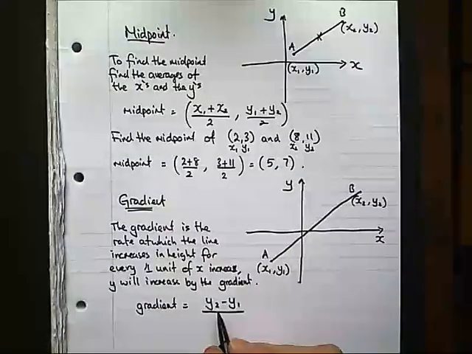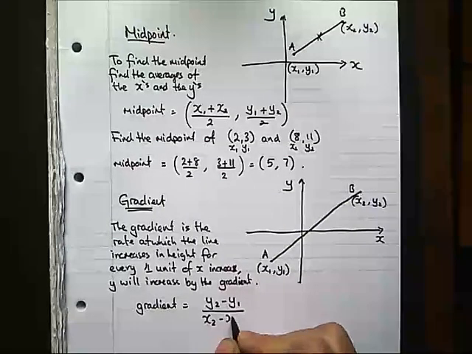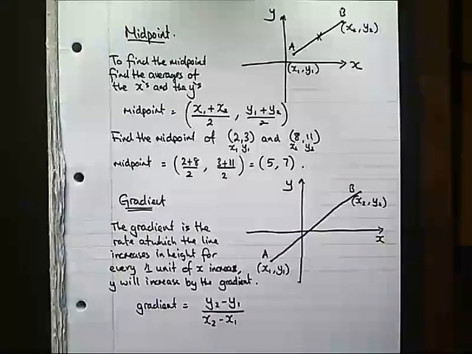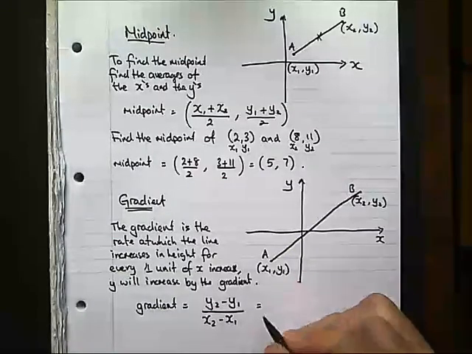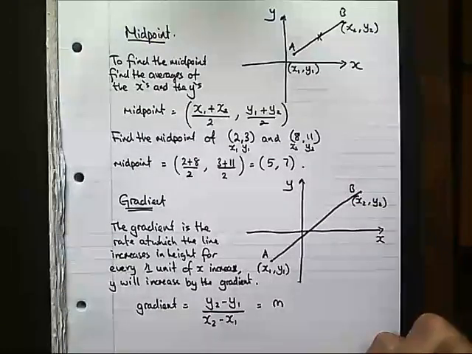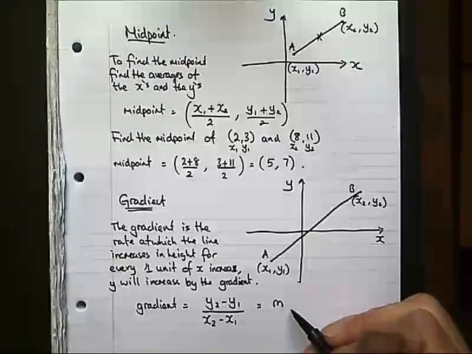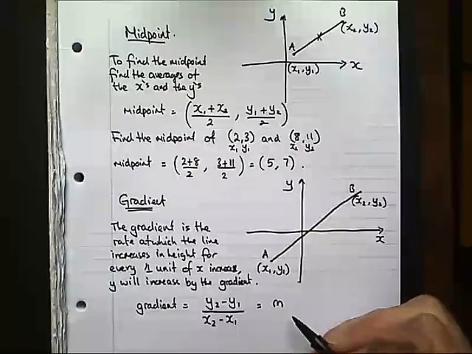So it's y2 minus y1 divided by x2 minus x1. If you wanted to swap the 1s and the 2s around, that's absolutely fine, but you need to do it both top and bottom. We also use a letter for the gradient, and we use the letter m. So you might sometimes see that when they're talking about the gradient, they ask about the letter m.